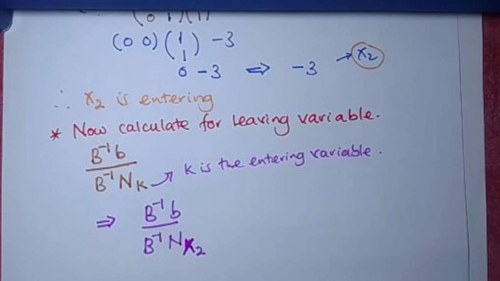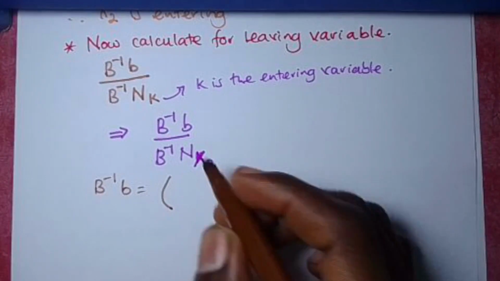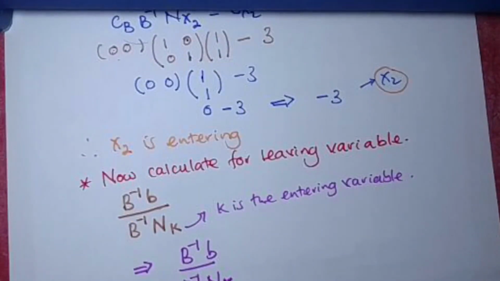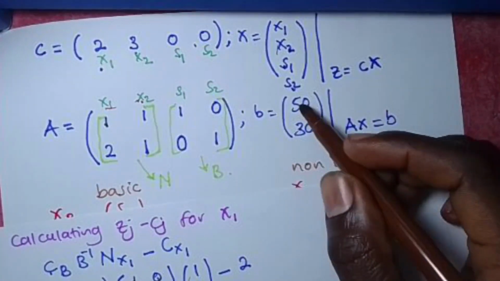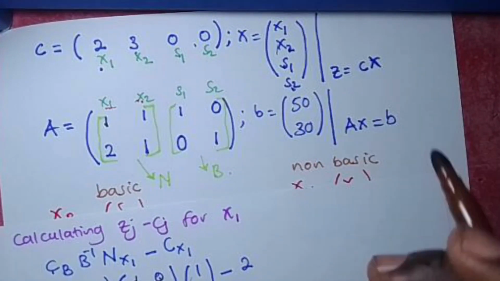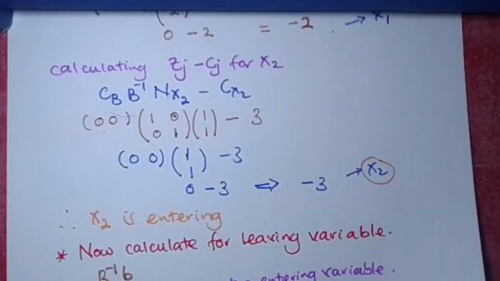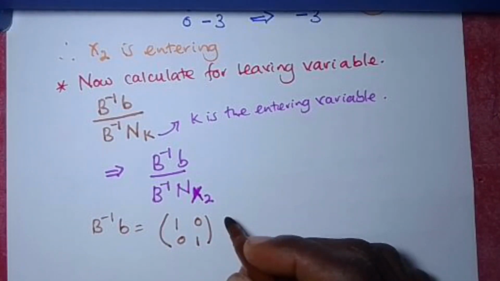So let us calculate. First of all, calculate for B inverse B. So B inverse B is going to give us our B inverse set. Our inverse set was 1 0 0 1 times our B set. Now our B set, we need to come back to our first equation and get our B set. It was a 50 and a 30. So we shall copy that and paste it back again.